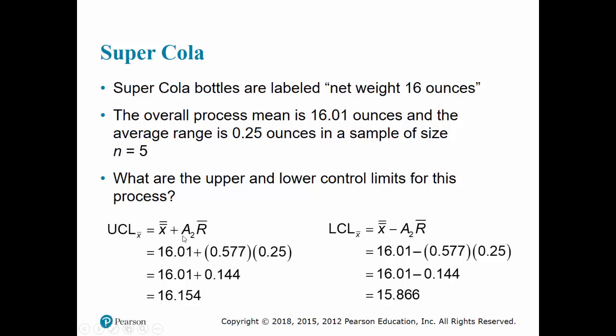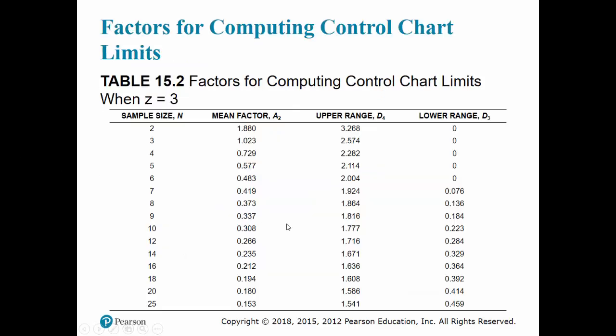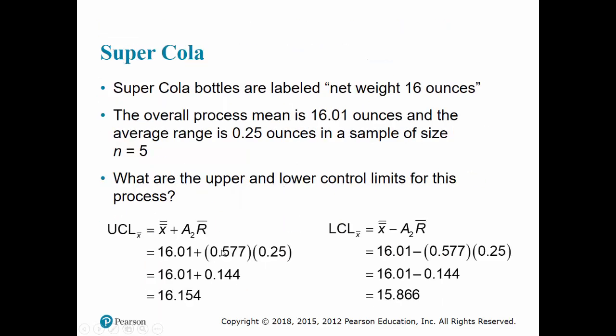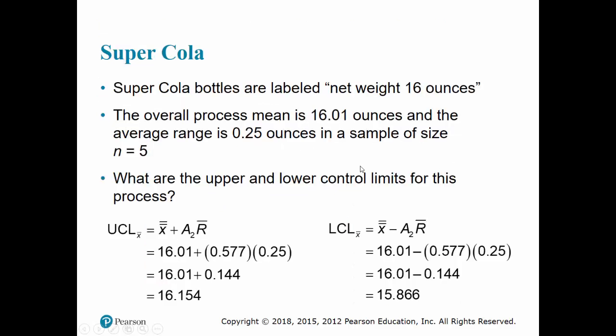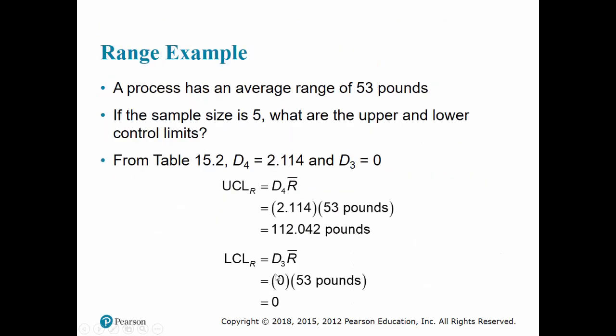Now the factor A sub 2 for n equal to 5 is 0.577. Plug that in and you get your lower limit and upper limit. Now R bar is 0.25. Again, for 5, the factors are 0 and 2.114. If you put 0, you get the lower limit, and with 2.114, you get the upper limit.